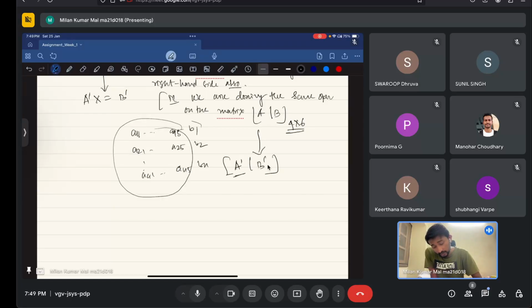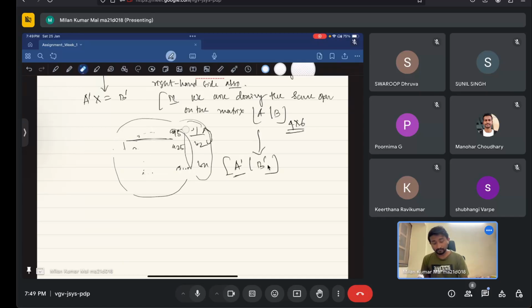For example, we are assuming that this B1 is there, but we are not doing anything to it. Whatever interchange we do on this row will simultaneously also occur here. This matrix has a special name: it is called the augmented matrix.